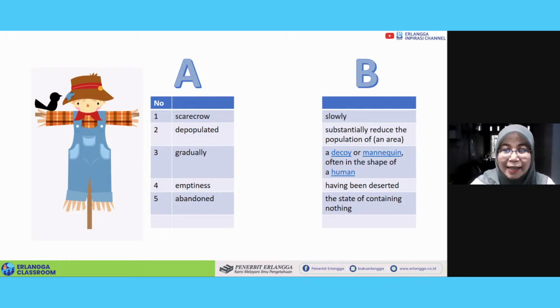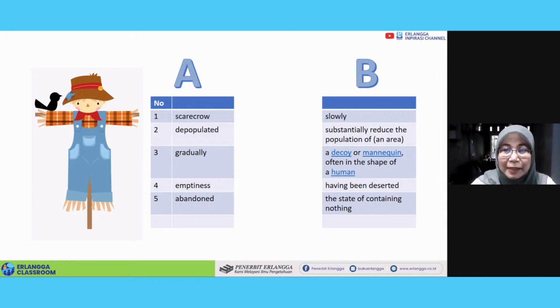The first one is scarecrow. Scarecrow. You can imitate me at home. Bisa mengimitasi atau menirukan ibu di rumah ya, sahabat Erlangga. Jadi sahabat Erlangga silakan kalau ada kata baru, silakan tirukan pengucapannya.